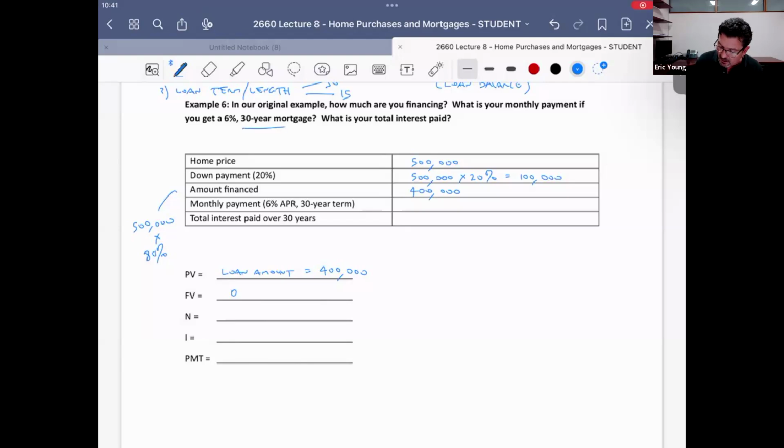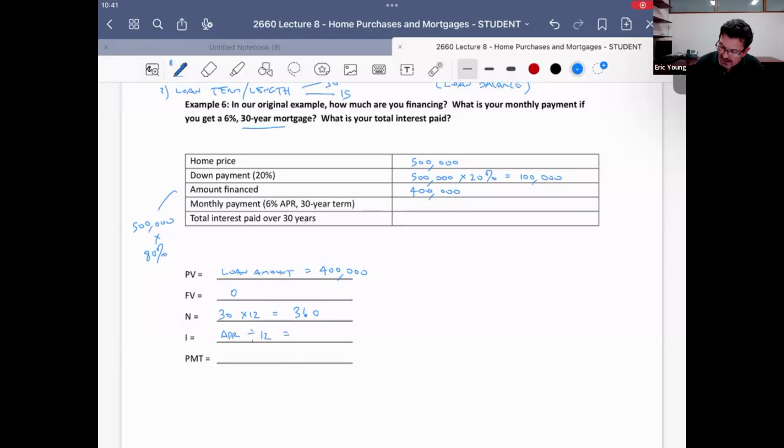It's a 30-year mortgage, so in 30 years times 12 months per year, our N is going to be 360. Our I, that's our APR divided by 12. If we inflate the months by 12, we have to divide the APR by 12.